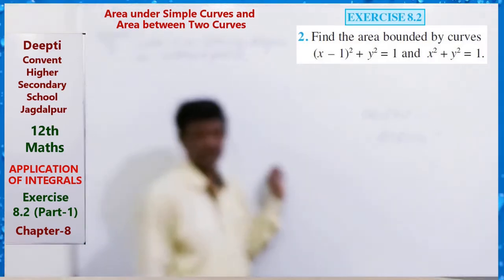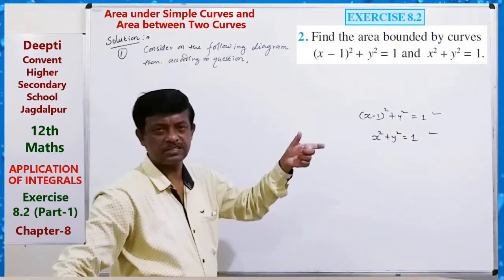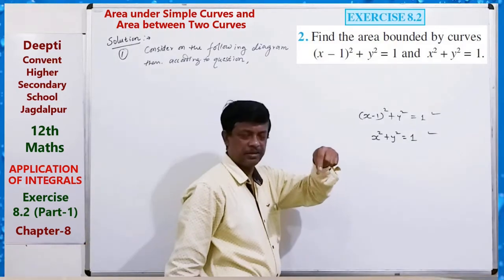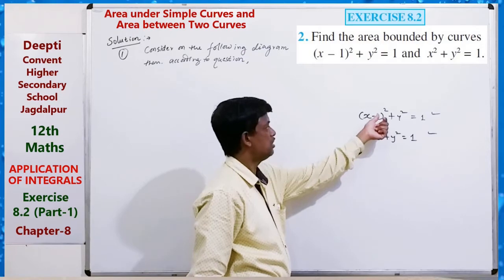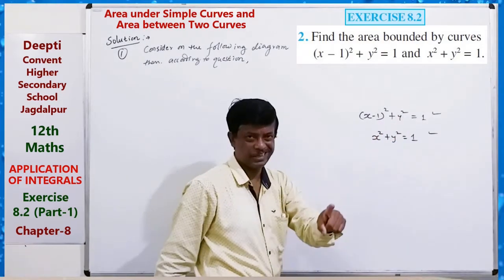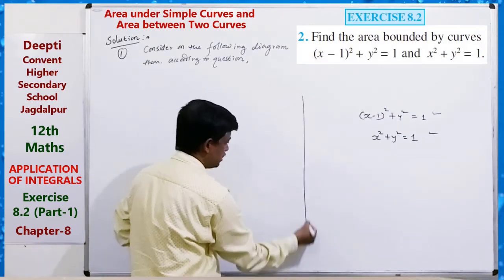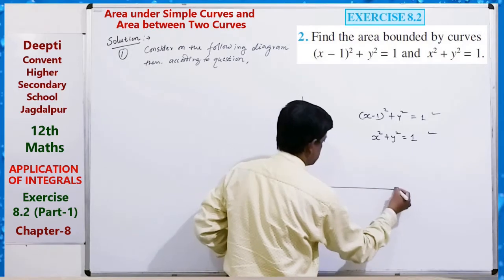Both are circles. x minus h square plus y minus k square equals a square, where h, k is the center and a is the radius. So here x minus 1 means the center is 1, 0, and the radius is 1. So we can draw the diagram like this. Suppose this is the x axis and y axis.